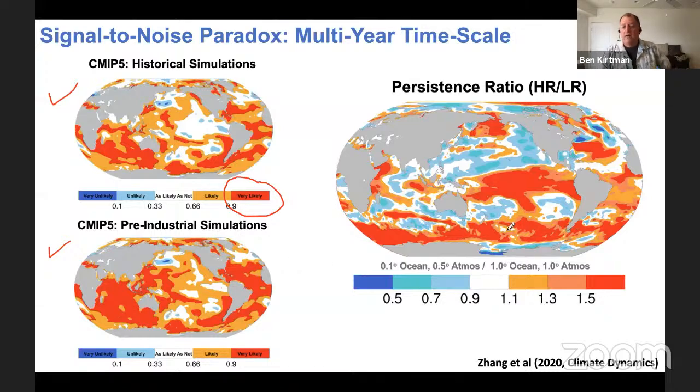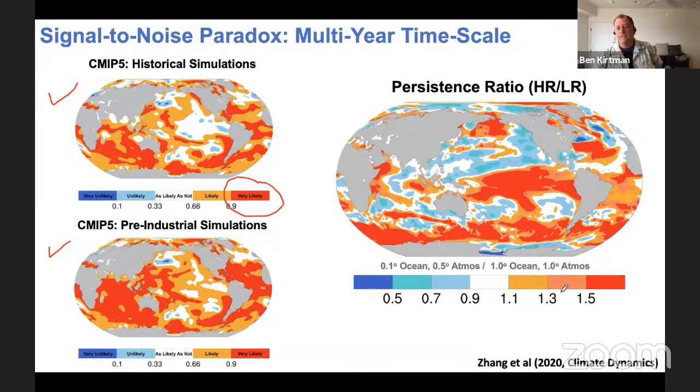This other panel now is, and one of the results in the Zhang paper is that how persistent the model is is a critical element in that signal to noise problem, particularly on the decadal timescales. What we've plotted here is the ratio of the high resolution model to the low resolution model in terms of the persistence timescale.